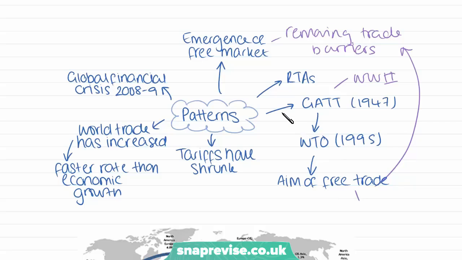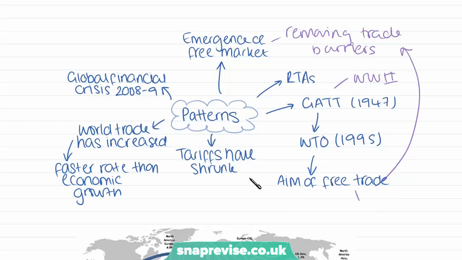So essentially the first trend that we have is the emergence of the free market and the development of the GATT and the World Trade Organization, with the aims of making trade increasingly more free, with the aim eventually of completely free trade between different countries internationally.